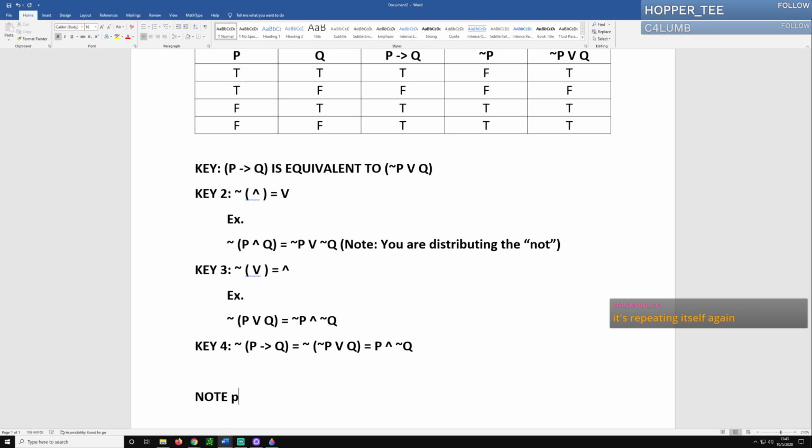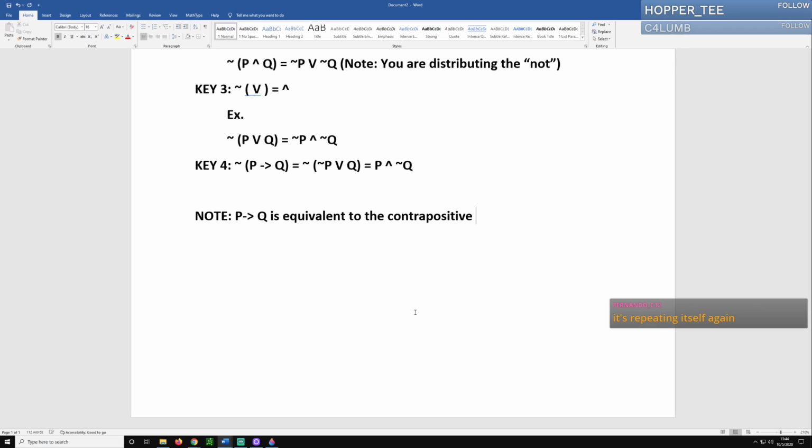Note: if P then Q is equivalent to the contrapositive, if not Q, then not P. So this will also produce the same truth table.